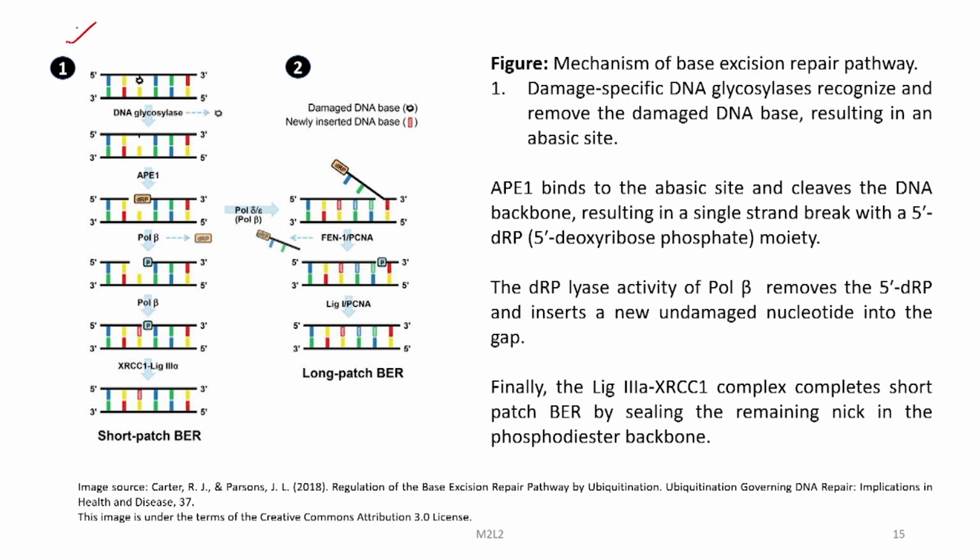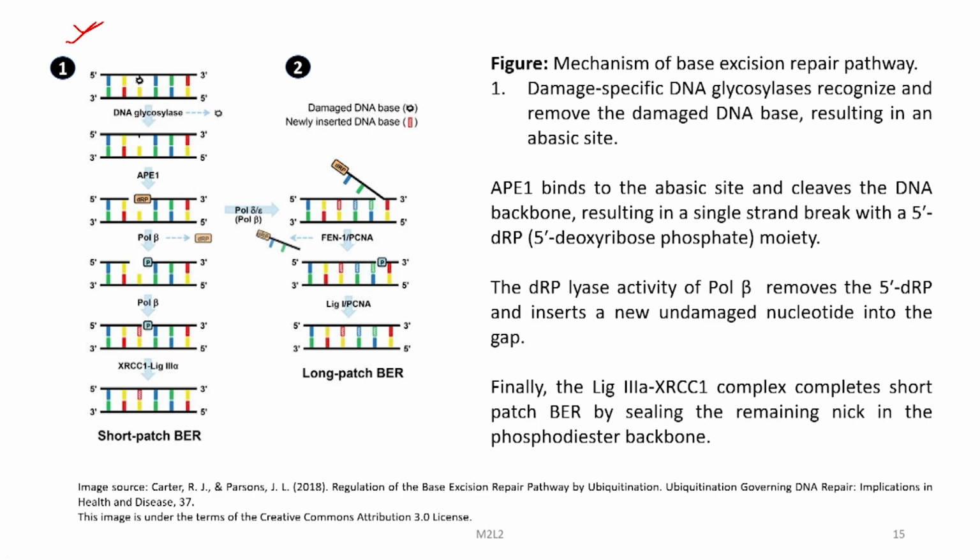In figure 1 on the left side, you can see damage specific DNA glycosylase recognize and remove the damaged DNA base, resulting in an abasic site. So, this is the DNA glycosylase.